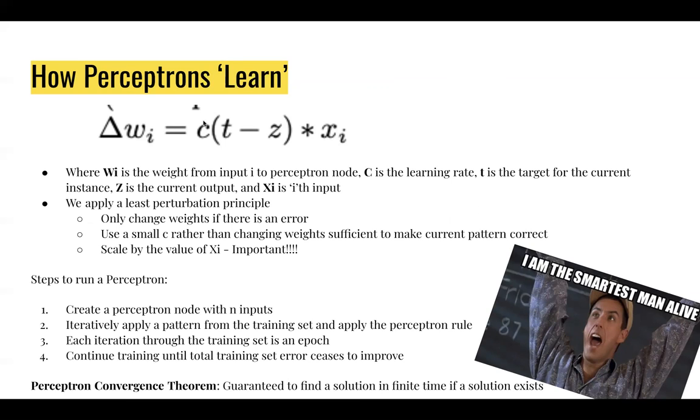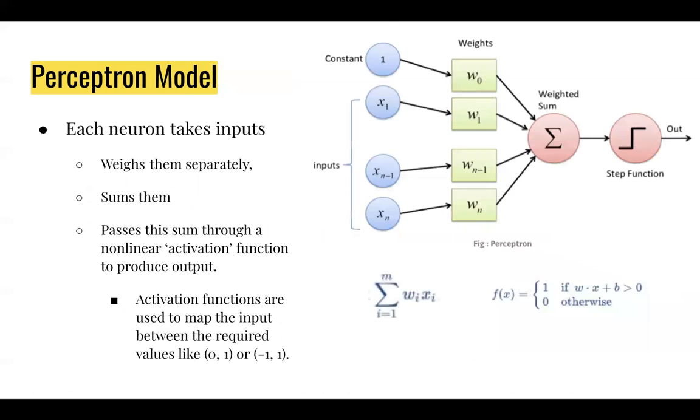Very similar to gradient descent functions, our learning rate is how big a magnitude of a hop we take. We have T minus Z, where T is your y actual and Z is your y predicted. So it's your actual minus your predicted, and then times the value of x. For each weight, we multiply by the value of x.